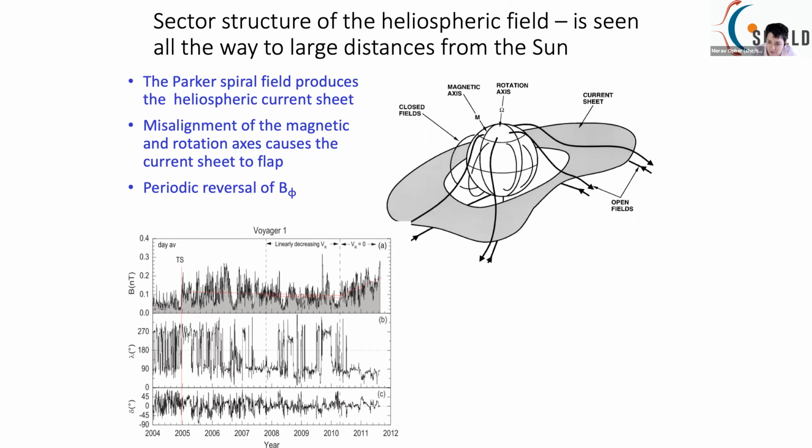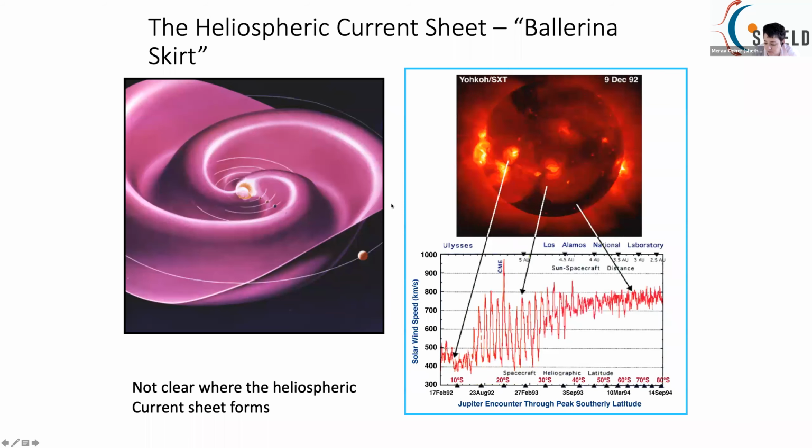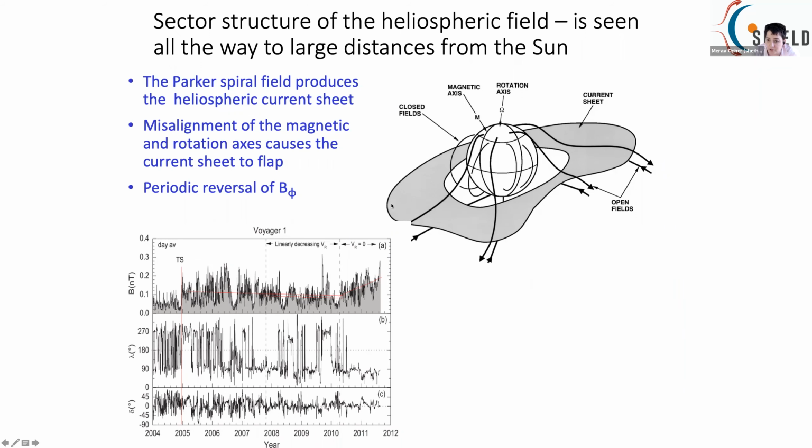There is an interesting plasma question: how does a heliospheric current sheet that separates the magnetic field of the sun get carried to the end of the heliosphere? We have measurements from Voyager past the termination shock that measure the polarity of the magnetic field. And these angles show that Voyager was embedded within the ballerina skirt. So it seems that the ballerina skirt extends all the way to the edge of the heliosphere.